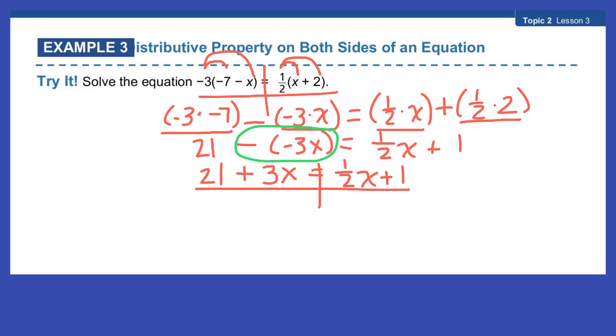I have variables on both sides, so I'm going to pick on the little guy. I want this to become 0. So I'm going to subtract 1/2 an x from both sides. When I do that, I have 21 and 2.5 x's, an equal sign, and a 1.